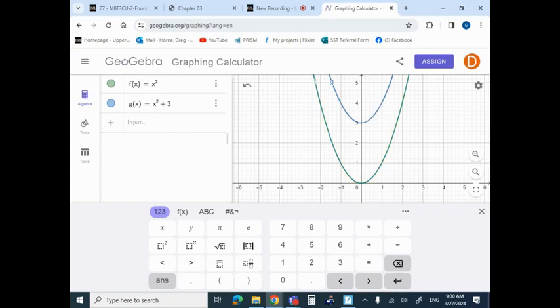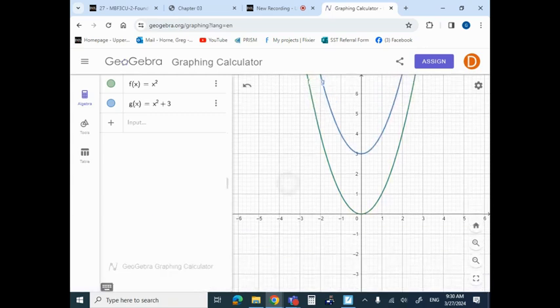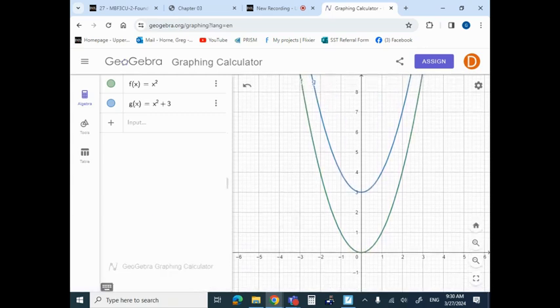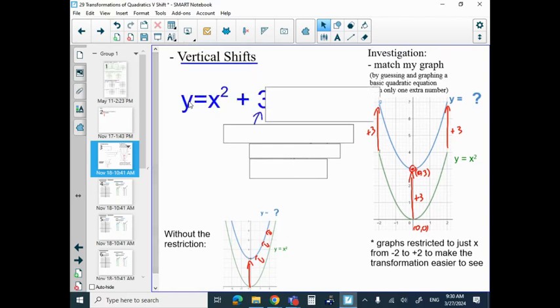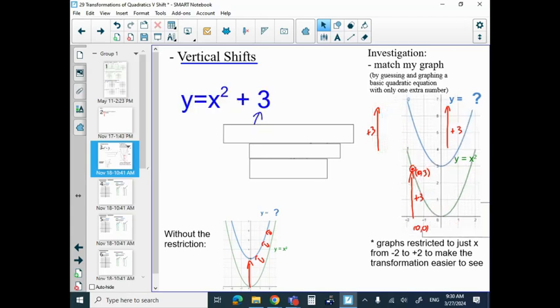Where's my enter? There it is. Yeah, there we go. Right, so that is what we get. Okay, so the answer, if you managed to guess it, great job. The answer is, of course, that we have this +3 on the end of the equation to make that picture.